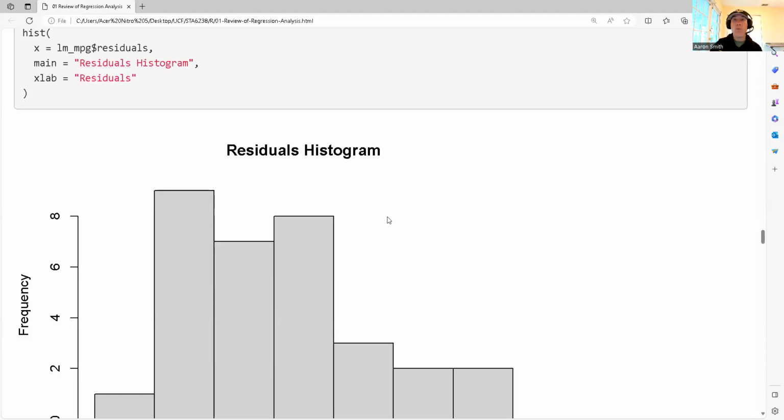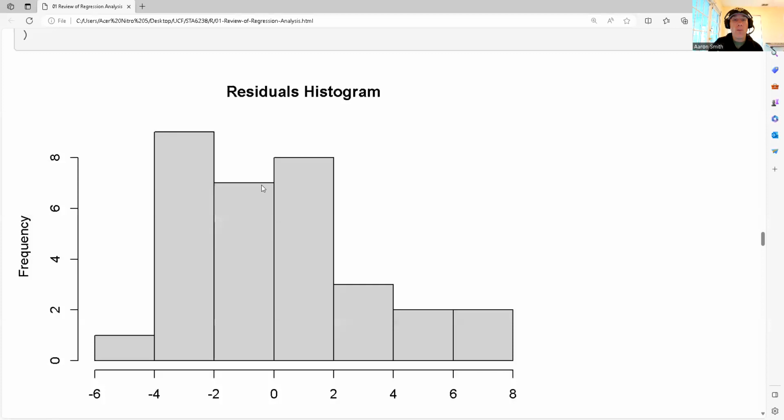Now, for hypothesis testing, we want our residuals to be normally distributed. So here, I'm just doing a histogram of the residuals. To me, that doesn't look normally distributed, but I don't have enough data to really say yes or no. It's light enough on data that I'll go ahead and accept it as being normally distributed for the purpose of proceeding through my project.